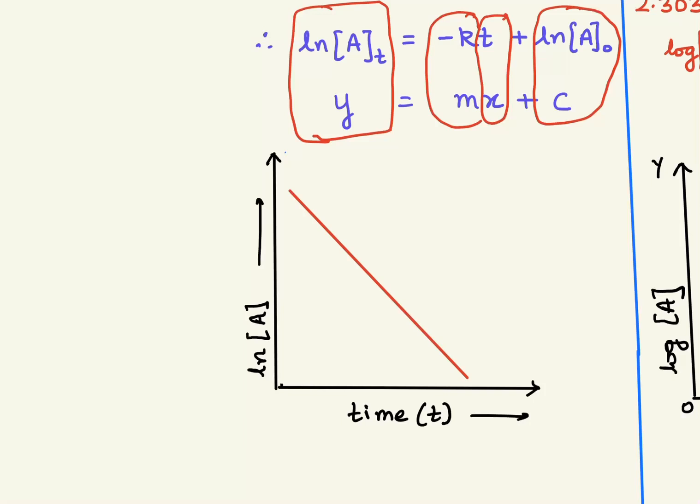What will the slope of this graph give me? Yes, it will give me the value of minus k. Clear? We are taking natural log of a on the y-axis, time on the x-axis.